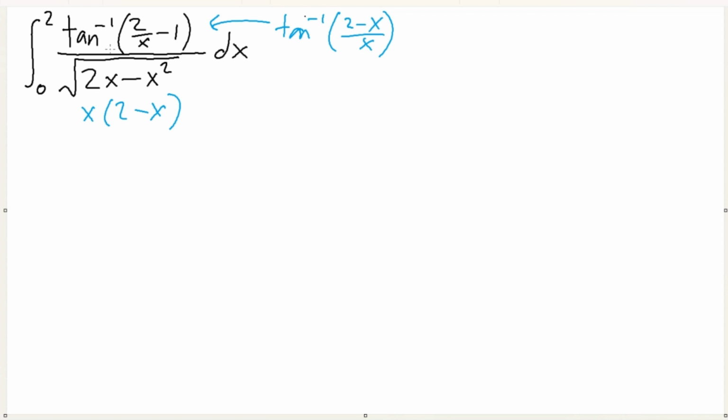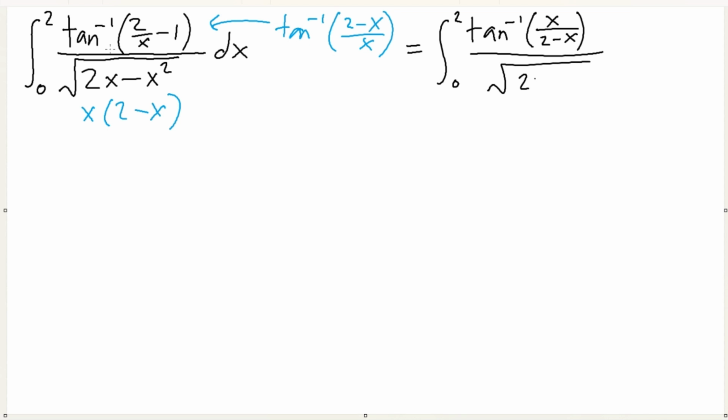So this integral is technically equal, from 0 to 2, to the same thing with inverse tangent of x over 2 minus x, and the denominator is the same thing. Alright, add these two integrals together. We get a half from 0 to 2.